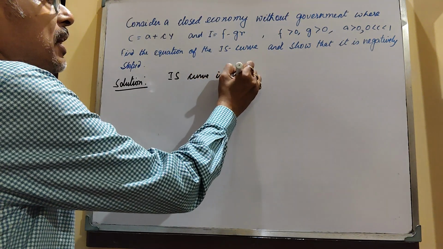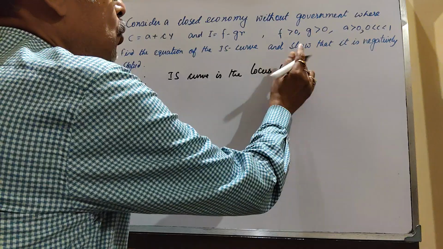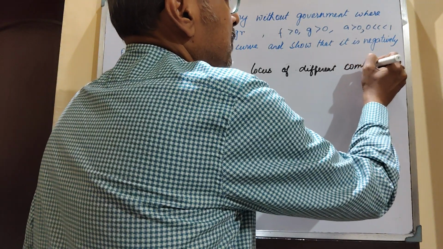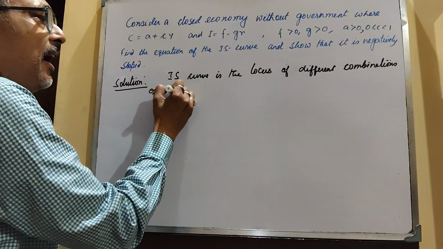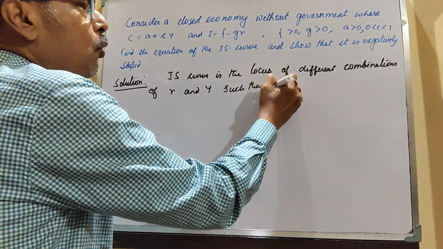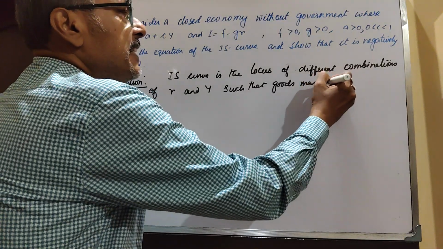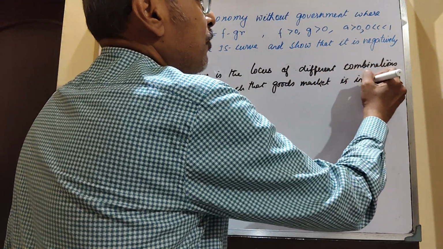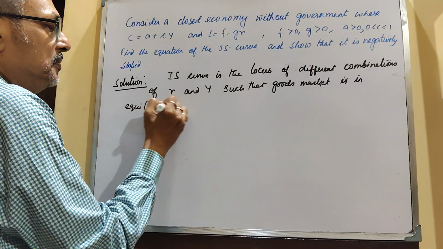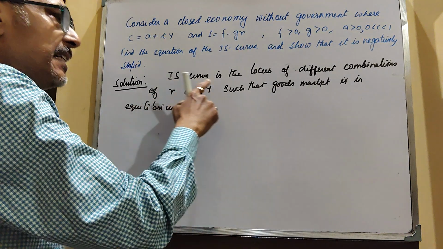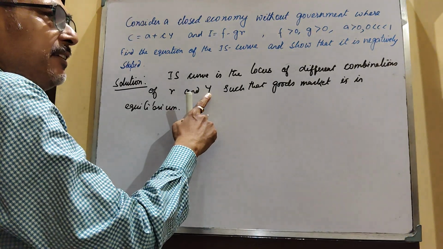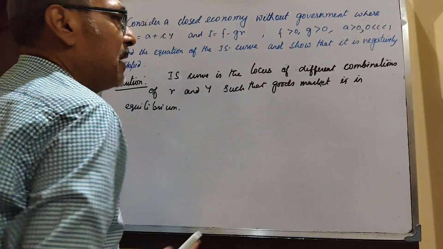The IS curve is the locus of different combinations of real rate of interest denoted by R and income or output denoted by Y such that the goods market is in equilibrium.